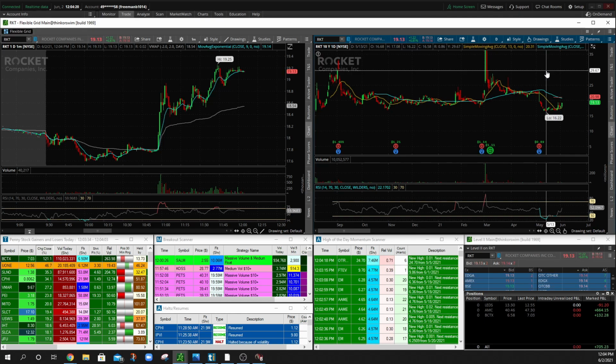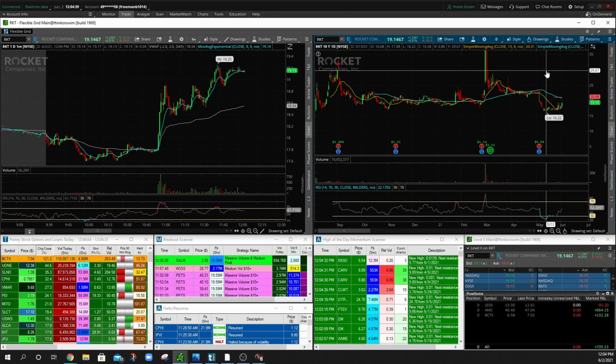So again, short-term swing, moving average squeeze, you're looking at a couple weeks. Mid-term swings, like we just talked about here on RKT, 2 to 4 weeks, maybe 2 months at most. And when we have long-term swing trades, we're looking at 3 to 6 months. And when we start thinking investing, we're talking long-term, a year, 5, 10 years down the road, creating generational wealth.